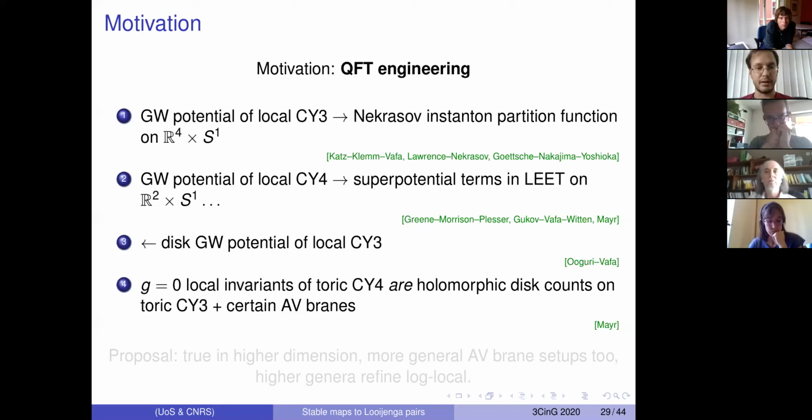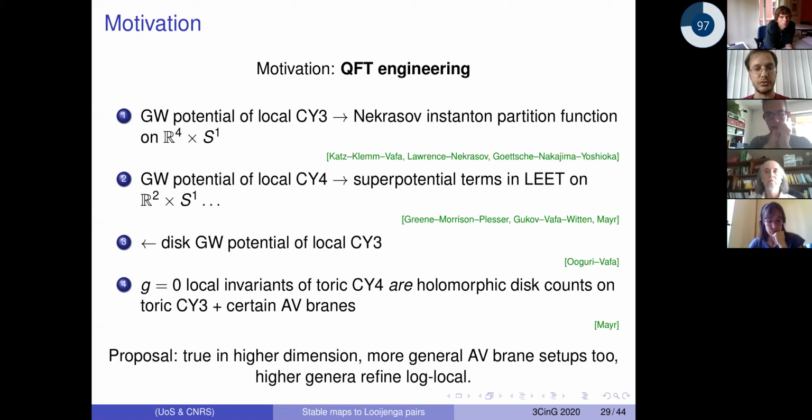Our proposal is that this should be true for higher dimensional Calabi-Yau spaces. It should encompass more general Aganagic-Vafa brane setups. In particular, since the higher genus invariants that didn't make sense for the local invariants of the 4-fold do make sense for the 3-fold, we propose that this higher genus open count refines the local correspondence.